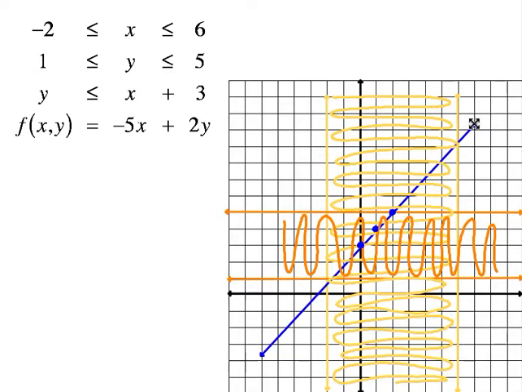There we go, that's a little bit better.